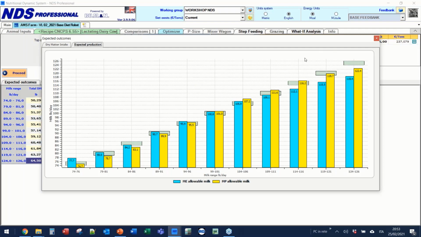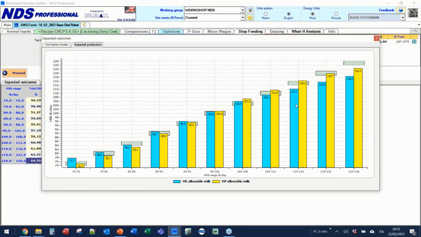So if we expect that at this stage, starting from 115, let's say, our cows can lose some body condition score, you know that a great part of that energy, and marginally protein, will be used to cover some requirements.